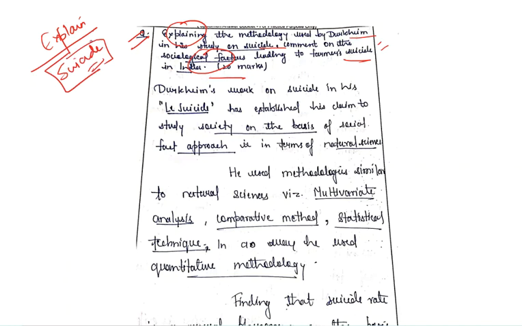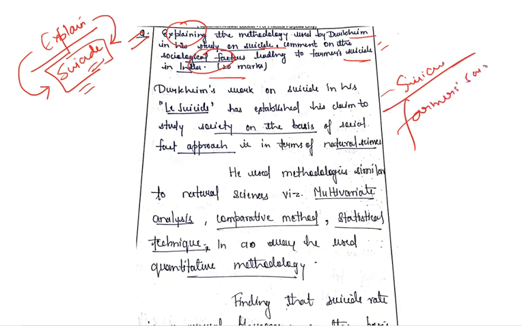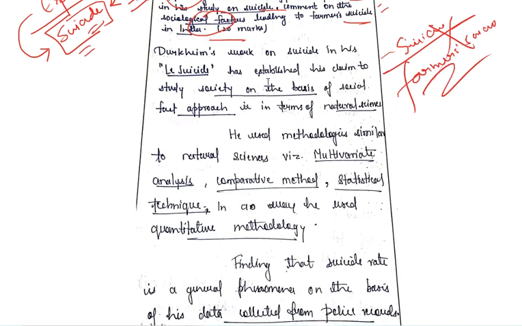It has actually asked you to interlink these two parts to the best extent possible. So it should not be like you have attempted this answer in two parts. In the first part you explain Durkheim's work on suicide, and in the second part you talk about farmers' suicide. Not like that. So let's read this answer first.